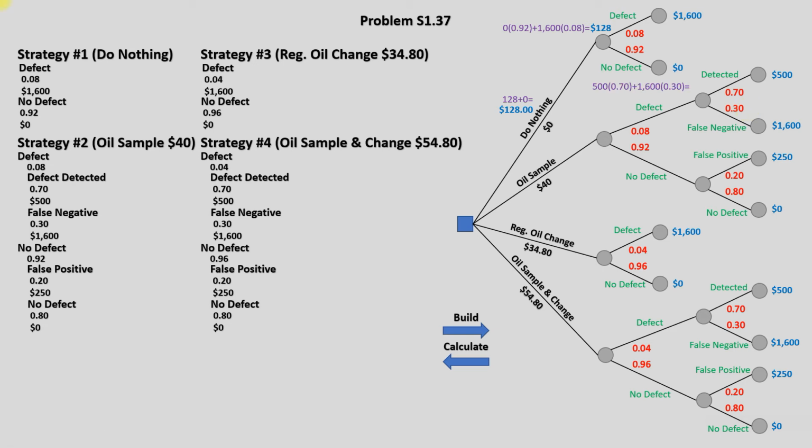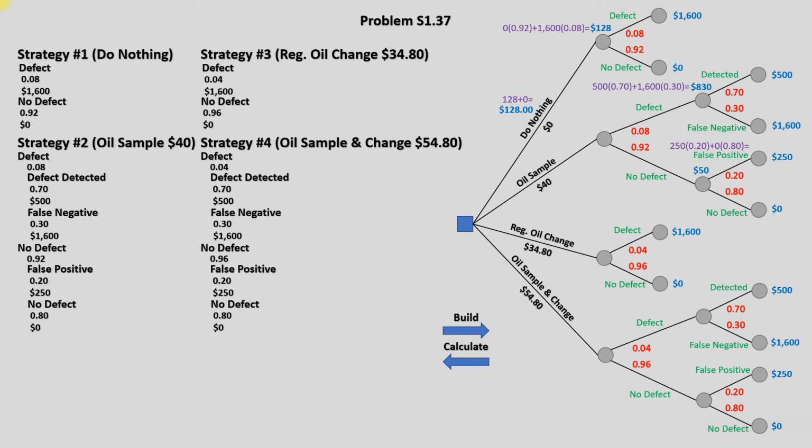So we're taking the 500, multiplying it times 0.07, and adding that to the $1,600 multiplied by 0.3. And we're going to get $830. And we're going to work our way through the rest of this. Second branch on strategy 2, $250 times 0.2 plus 0 times 0.8. That's going to give us $50 as an expected value.